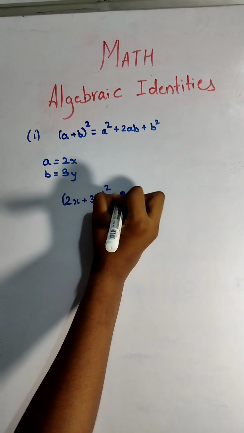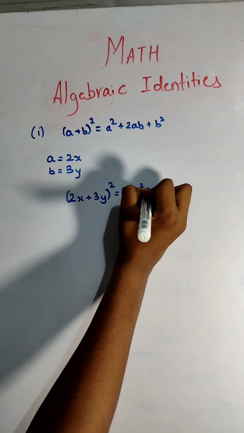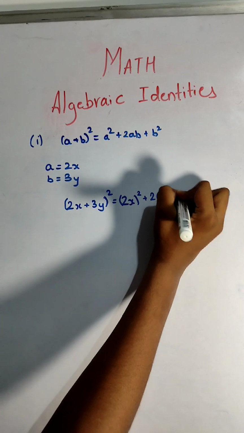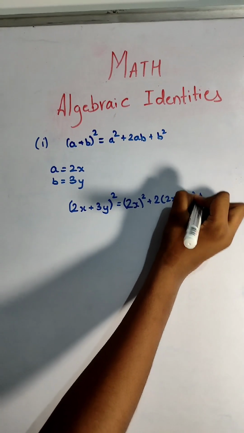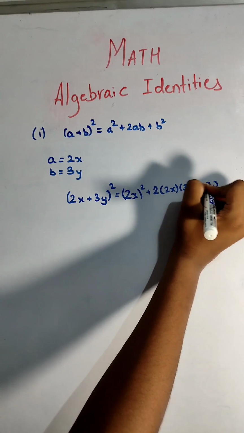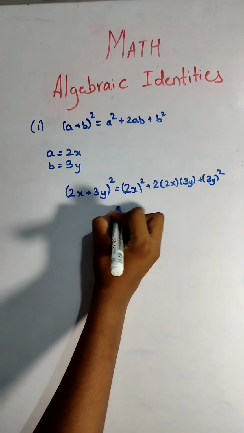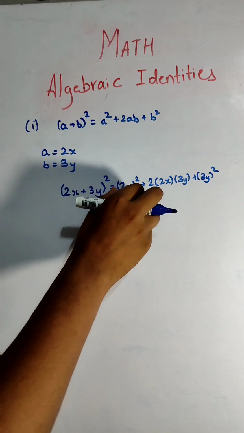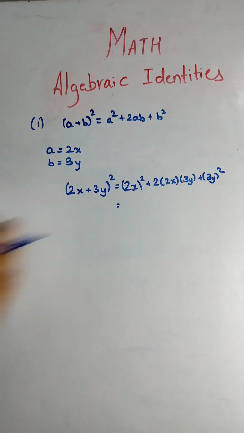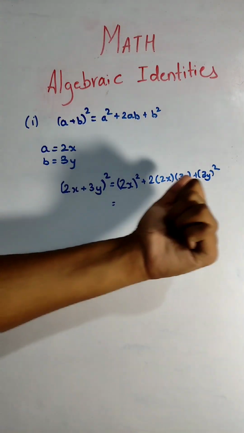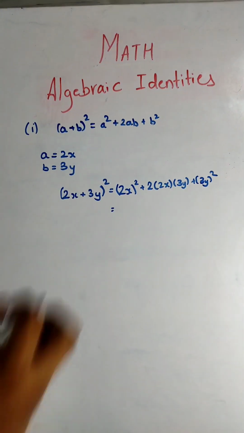So (2x) whole square plus 2 into 2x into 3y plus (3y) whole square. To get the answer, all you have to do is square each component and multiply these.